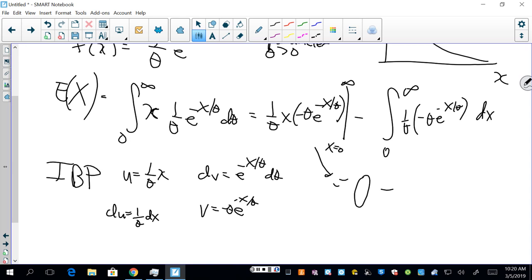So it's 0. So this one is left. The negatives go away, the thetas go away, and the integral of e to the negative x over theta is theta e to the negative x over theta. I guess a third negative has to be there, right? Evaluated at 0 and infinity.